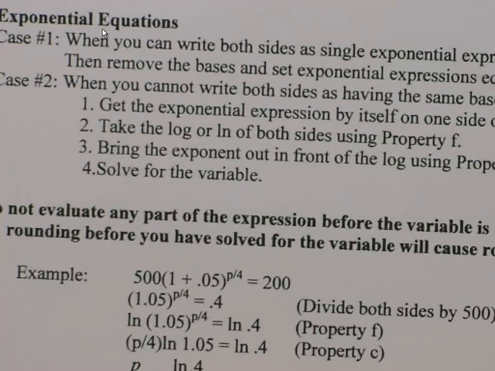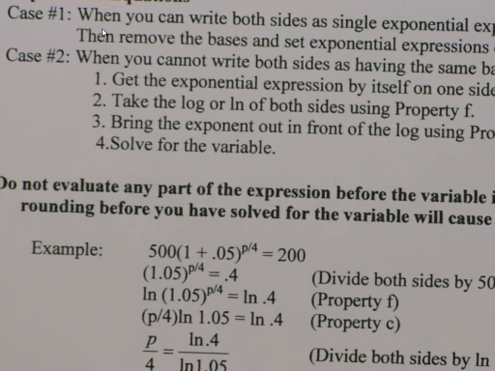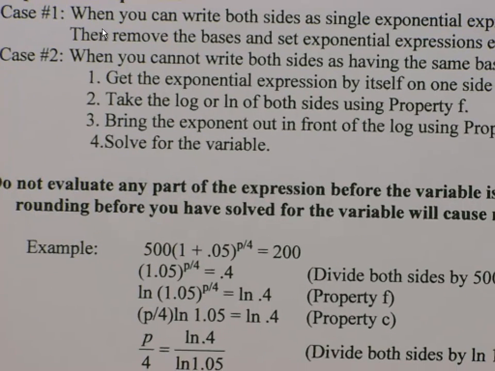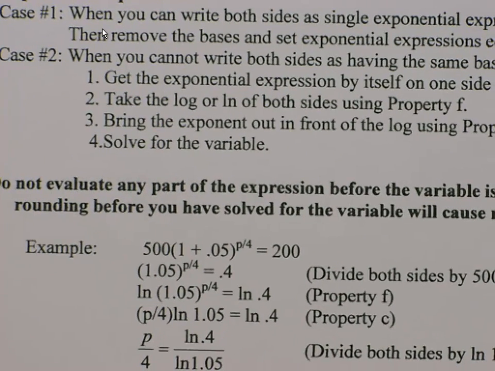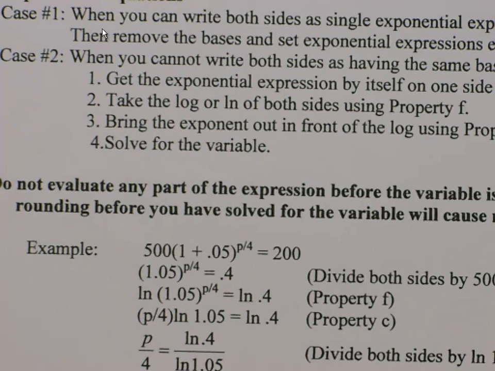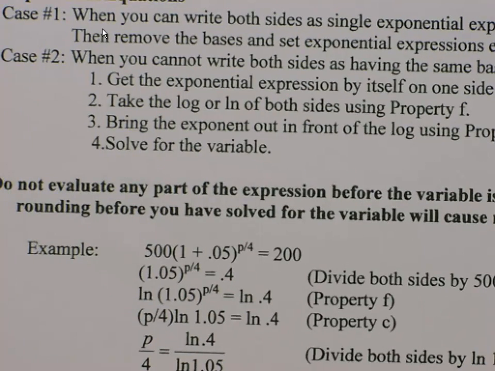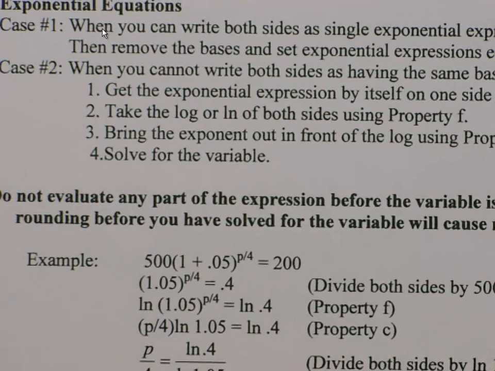Very important, in boldface type: do not evaluate any part of the expression before the variable is by itself. That means don't pick up your calculator in step 2 and punch natural log of 8 and then round that to something and finish the problem. Once you've rounded in some step of a problem, you've introduced an error.